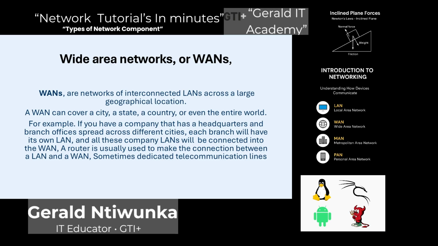And all this company local area network will be connected into a wide area network through a router, which is usually used to make the connection between the local area network and a wide area network. Sometimes it is dedicated, when you have telecommunication lines.